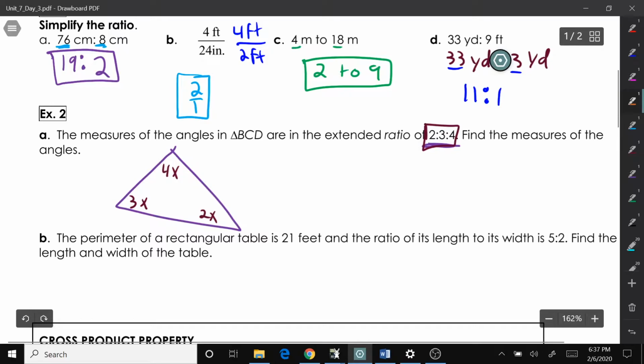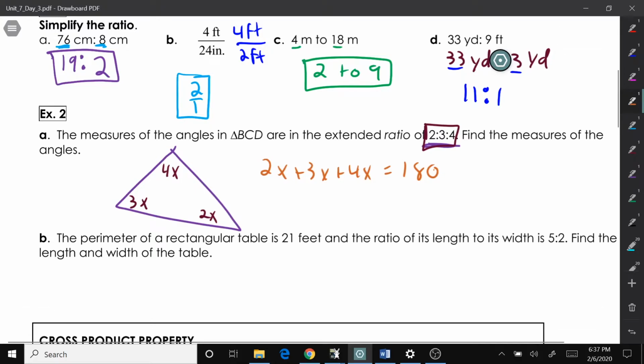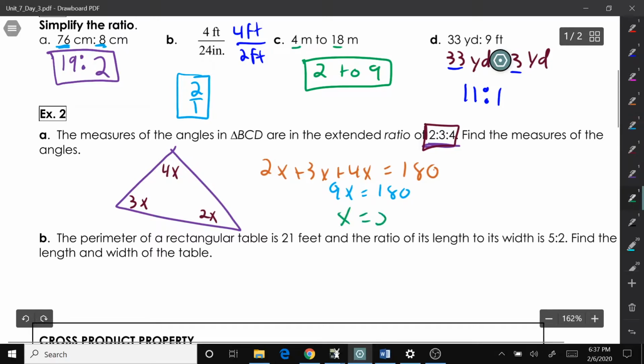So then we can set up an equation saying 2x plus 3x plus 4x equals 180. And then we solve that. 2x plus 3x plus 4x, that will equal 9x. 9x equals 180. Divide both sides by 9. X will equal 20.